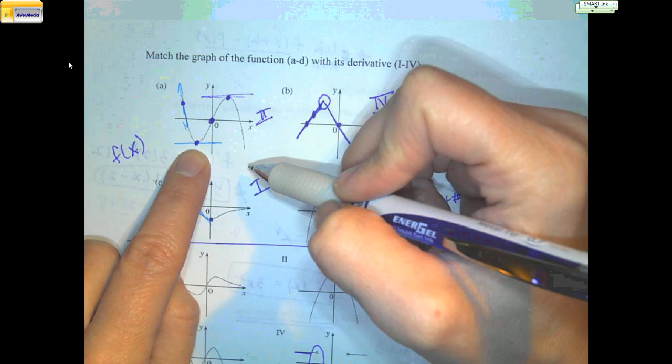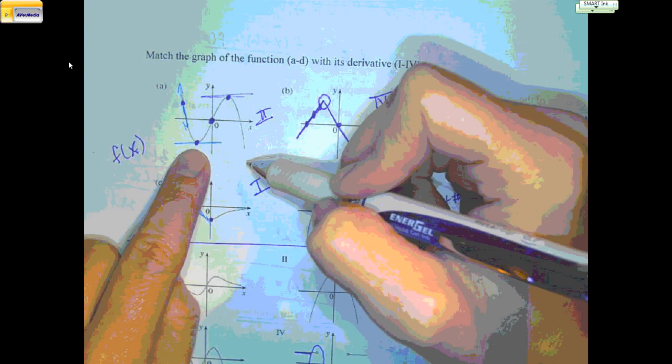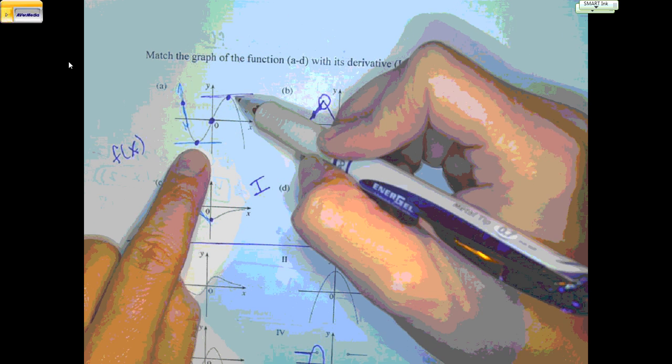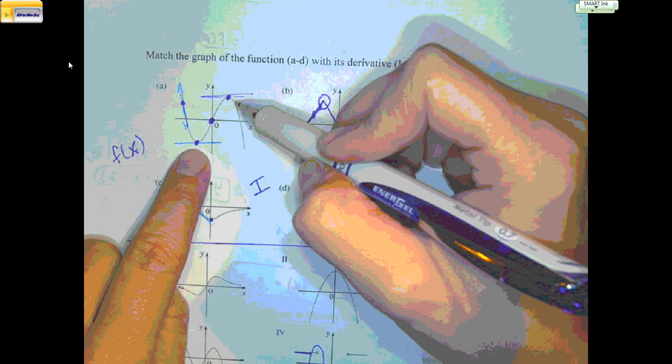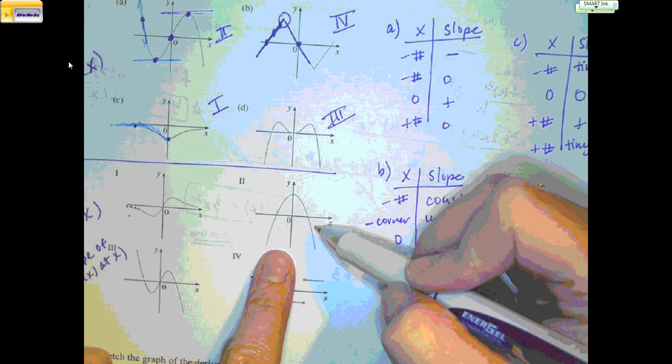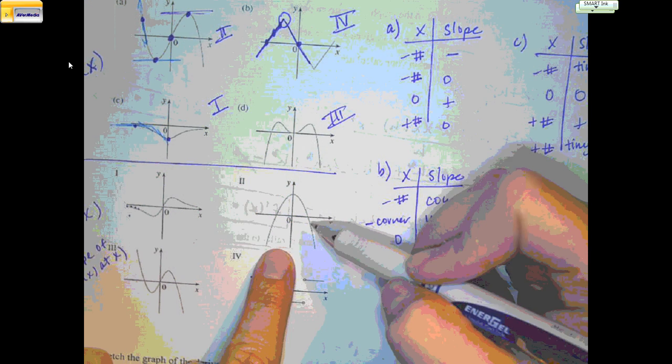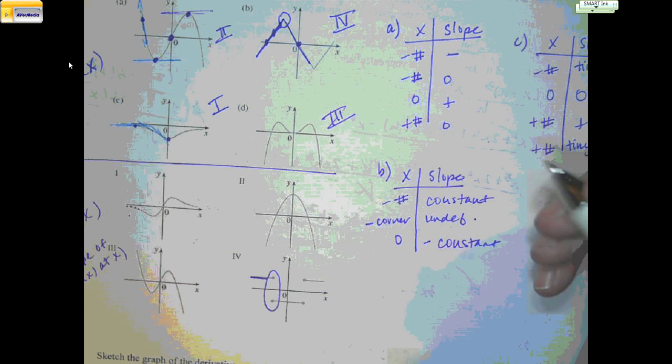Over here, I've got 2 curves. So what's probably the degree of that function? 3. You add 1, so it's probably a cubic function, which means the derivative is probably a quadratic. So probably number 2. Just saying, there's a pattern there. We'll talk more about it later.